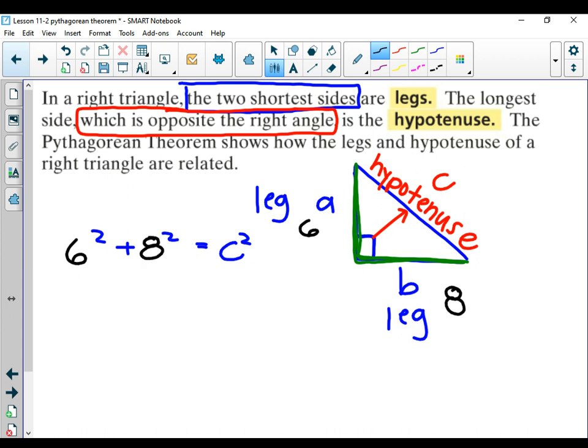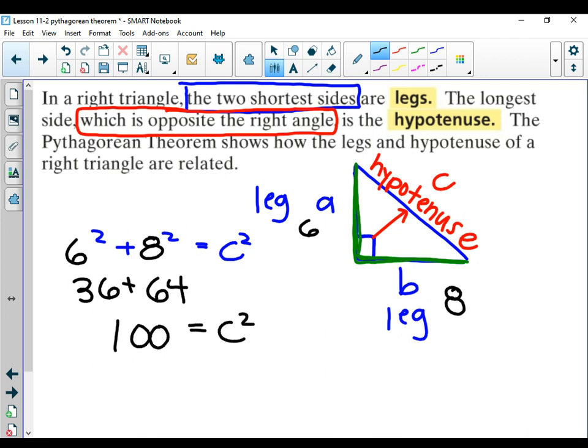Now we know a little bit from yesterday. 6 squared is 36. 8 squared is 64. 36 plus 64 is 100.